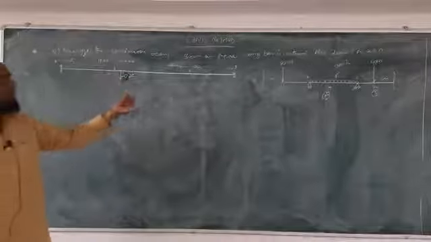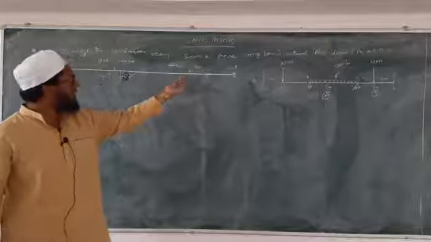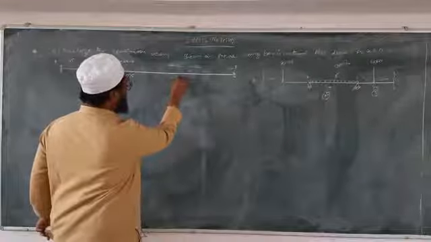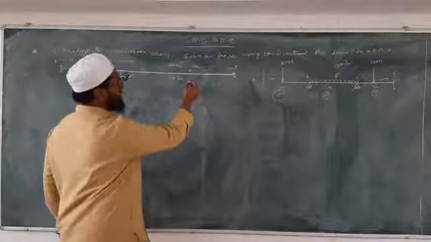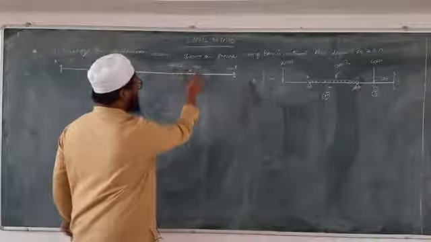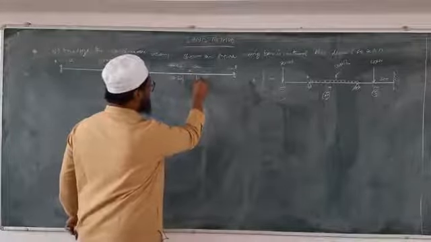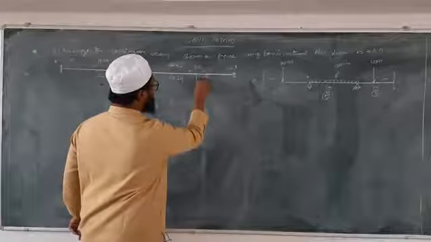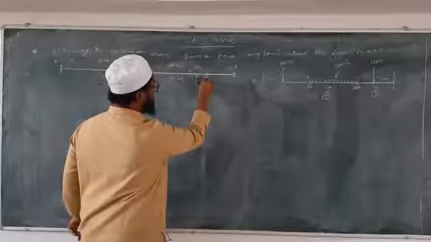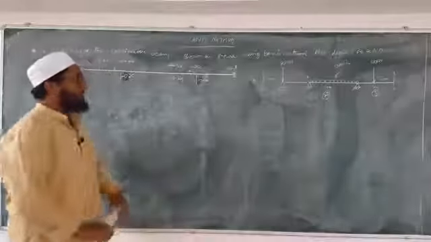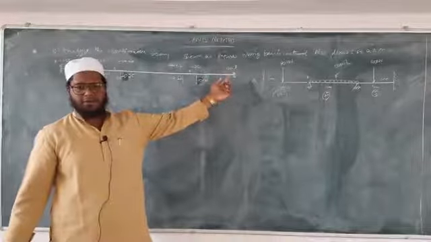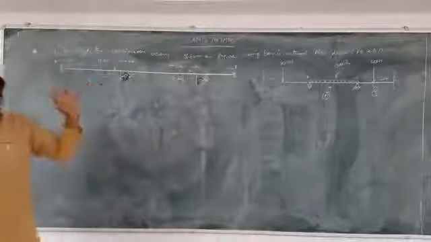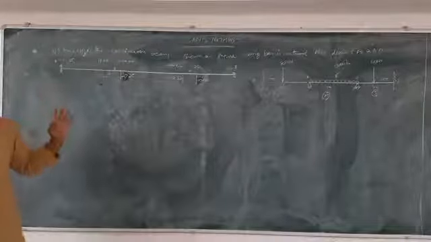Okay, next, what is the rotation contribution for CB we got? Minus 0.33. And for the next member, 0.166. Okay, yes. So do we have any rotation contribution for the D member? No, right? Because these are not joints.